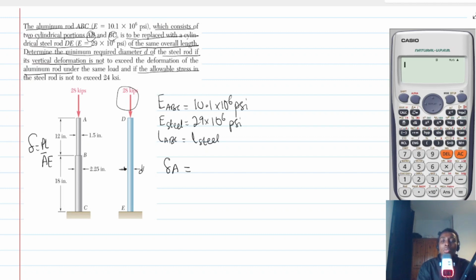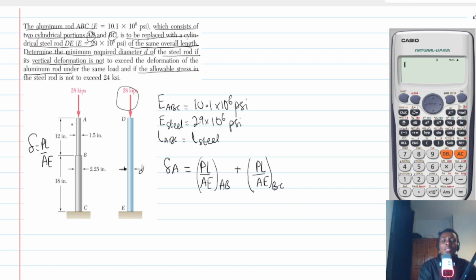All right. So for the aluminum, it's going to be PL over AE for the first part AB plus PL over AE for the second part.